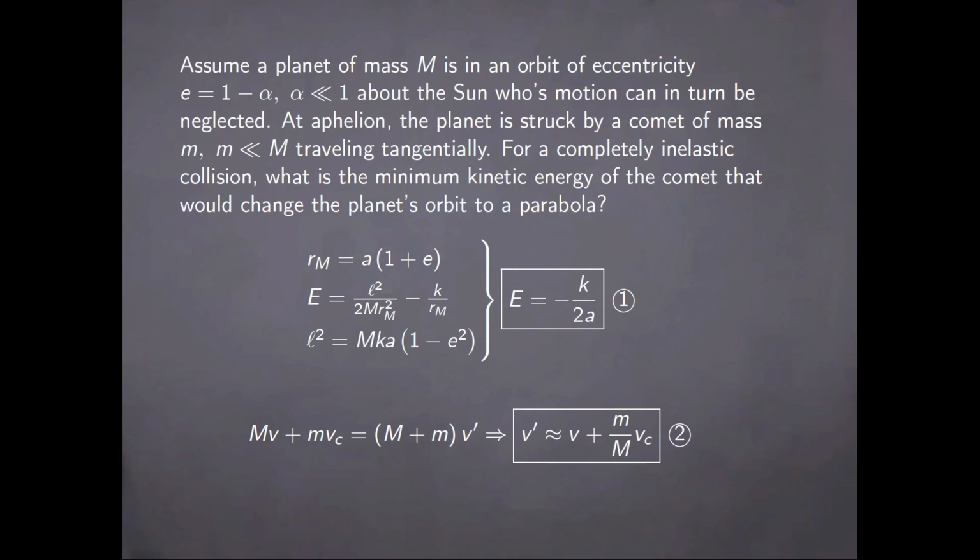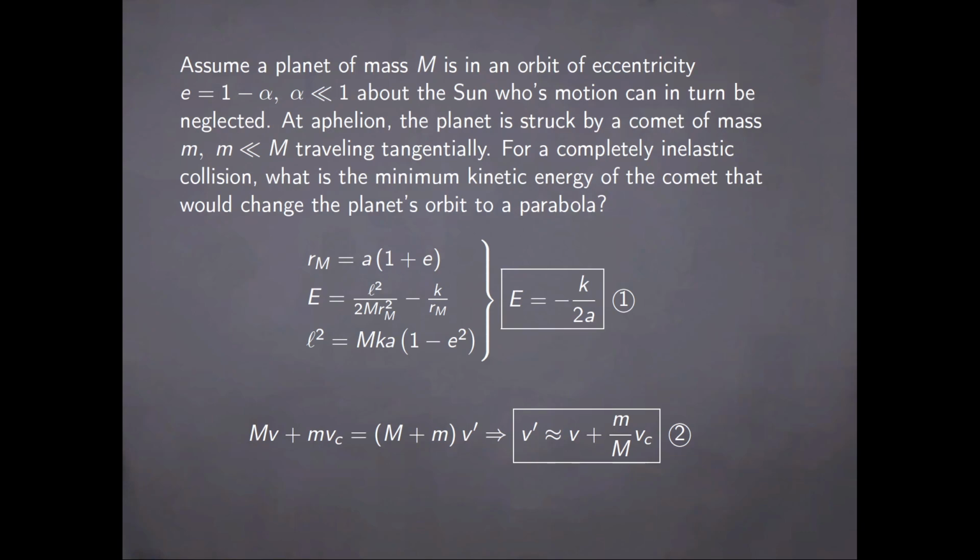Then if we apply the conservation of linear momentum, we have the following situation. The momentum prior to collision was just the linear momentum of the planet plus the linear momentum of the comet.